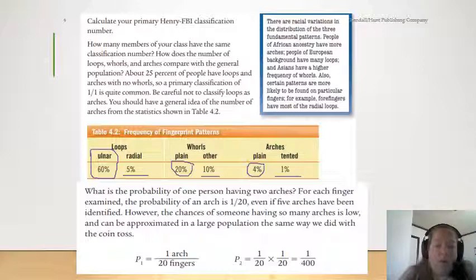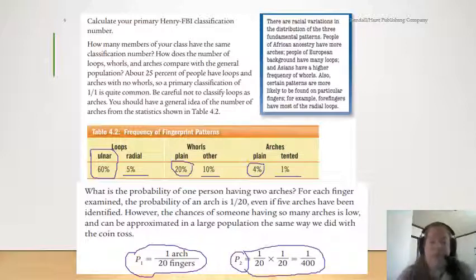It can be approximated this way as well. The probability is 1 arch out of 20 fingers, and the other probability is 1/20, so 1/20 times 1/20 gives you 1/400.